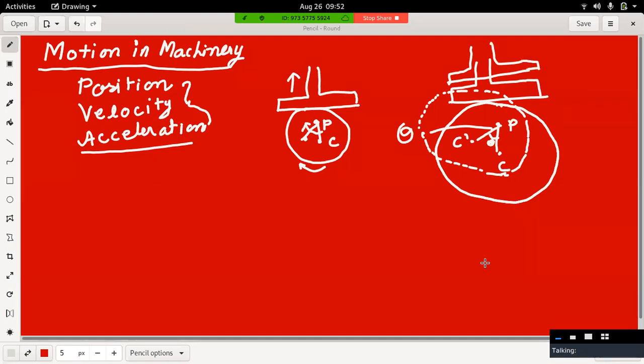Okay, this is another position. So as the cam moves, the follower goes upside. So this is the final position. If the cam has moved by theta degree, how much distance the follower has gone upside? Let's say we want to determine, let's say this distance between P to C is capital R.